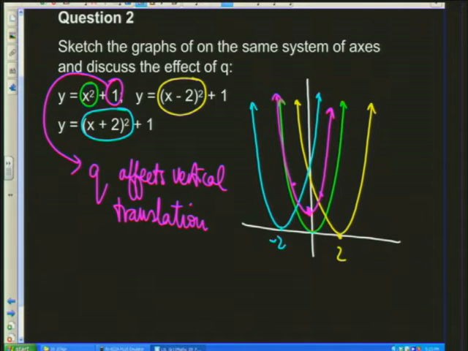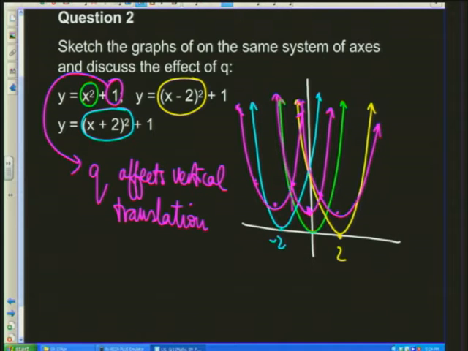And if I do it to the blue graph, the same thing's going to happen. If I take the y value that I currently have and add 1, my y value is 0 here, so it's going to go up 1. Everything is going to go up 1. So they have all been raised by 1 unit.